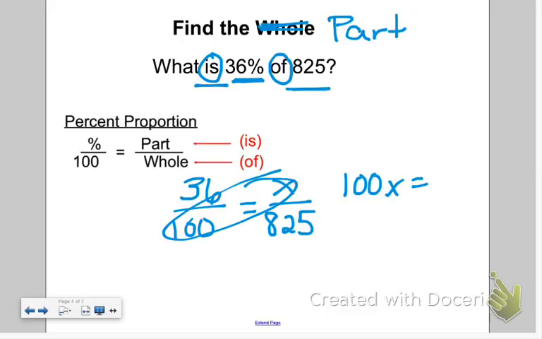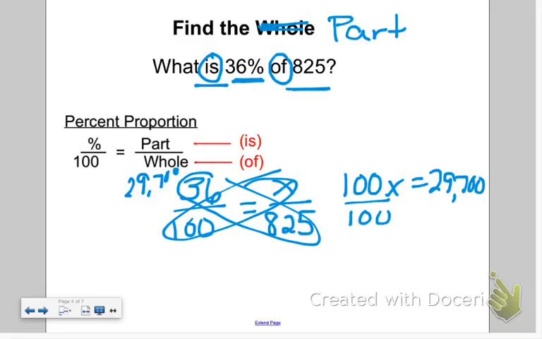And when I do 36 times 825, I get 29,700. So that's going to go over here. And then, of course, I can solve for my x and divide by 100, and I'm going to get 297. 297 is the part. That is 36% of 825. And that makes sense, right? 297 is a part of 825.